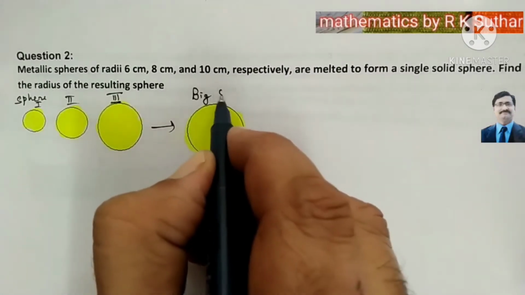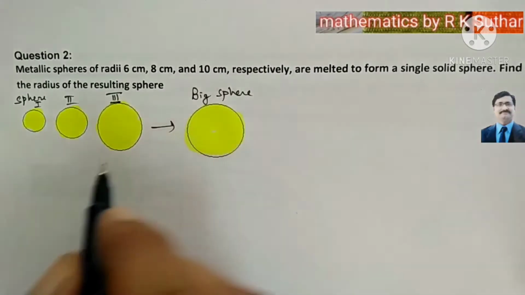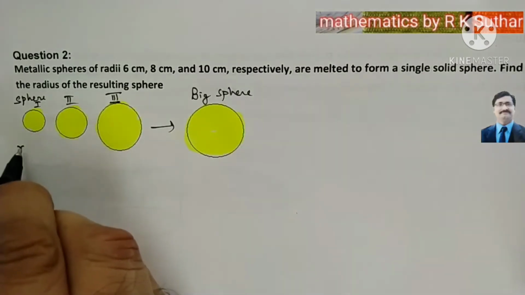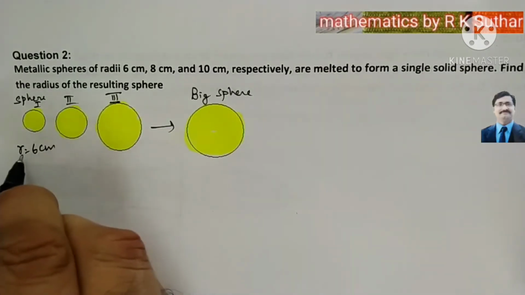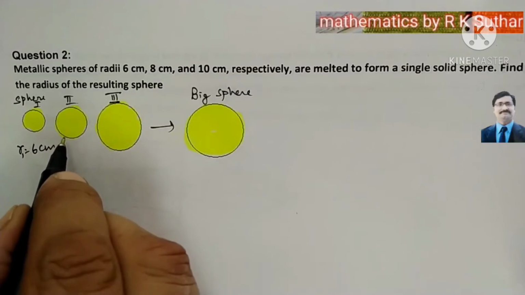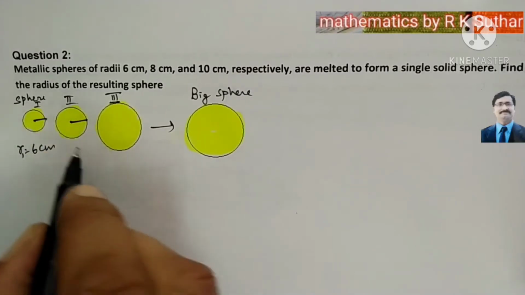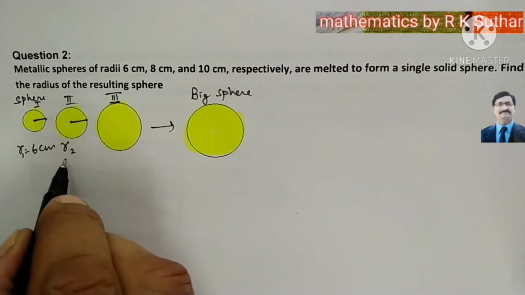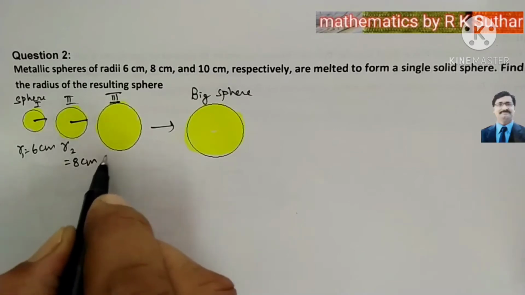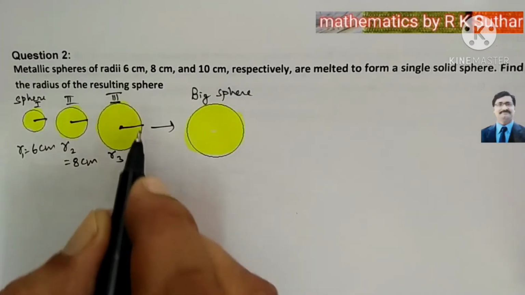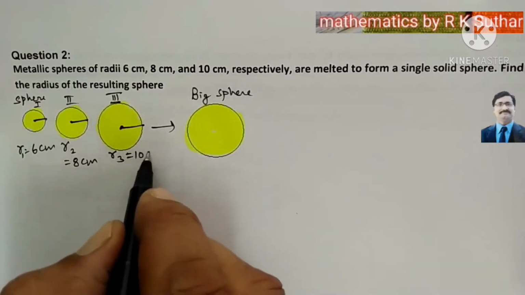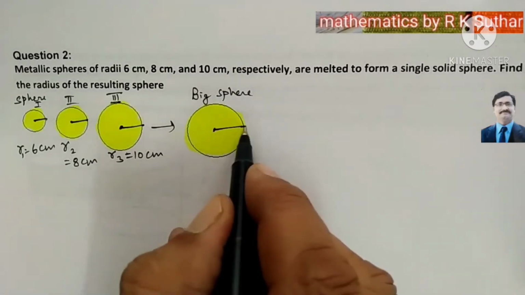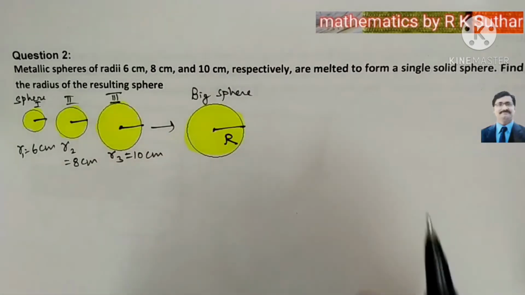The radius of the first sphere is 6 centimeter, we write r1. The second radius is 8 centimeter, and the third radius, r3, is 10 centimeter, and the bigger radius we suppose capital R.